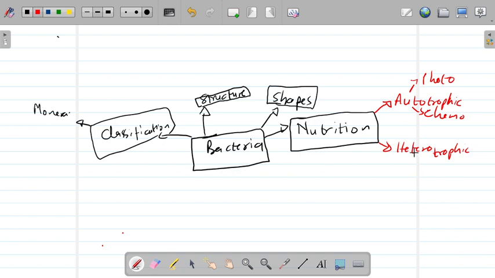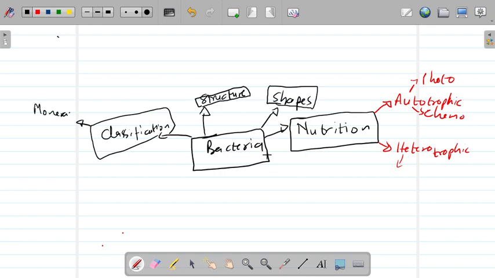Then heterotrophic ones, we'll be looking at things such as mutualistic bacteria. We'll be looking at saprotrophic bacteria that play a role in decomposition in nature. Then some are parasitic. Those are the ones that we'll get to see are actually pathogenic. What does pathogenic mean? It means they are disease causing.